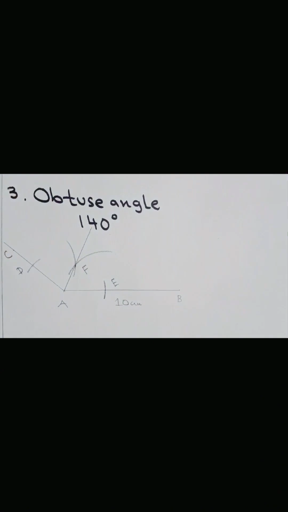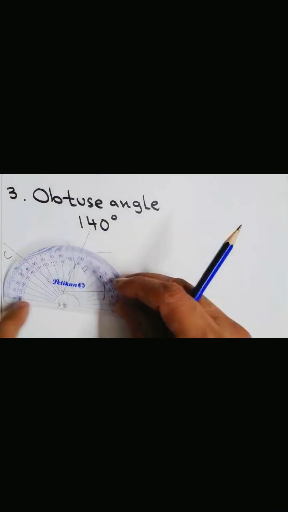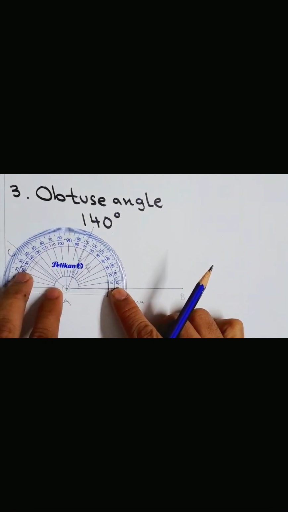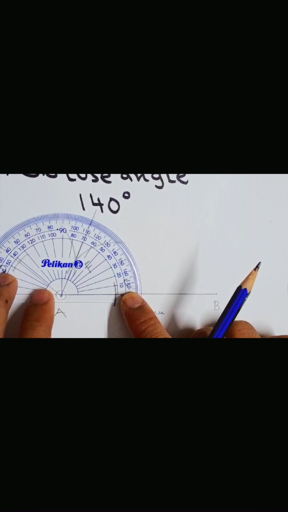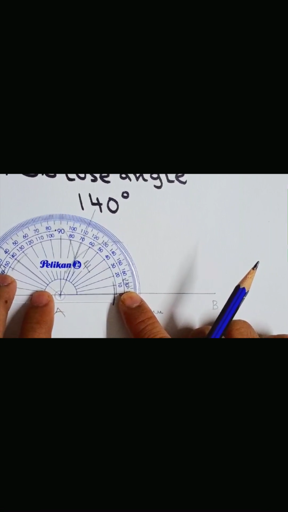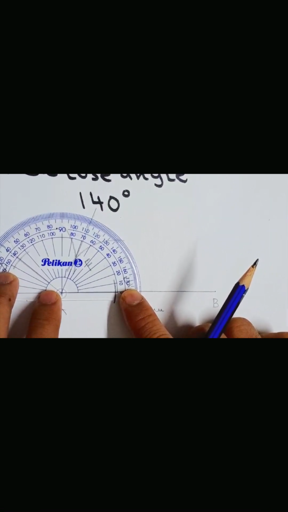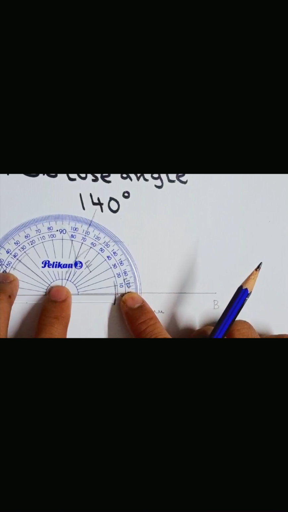After joining this, students, you have to use the protractor once again. Keep it at the dot, hide the baseline, and see where the baseline is hidden. Exactly check when you are hiding your baseline.